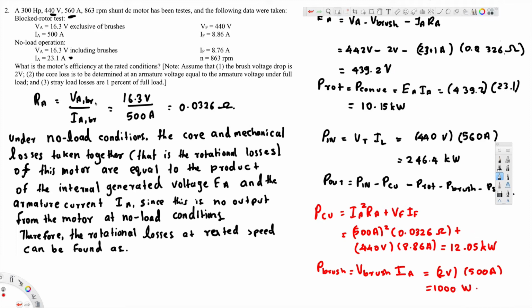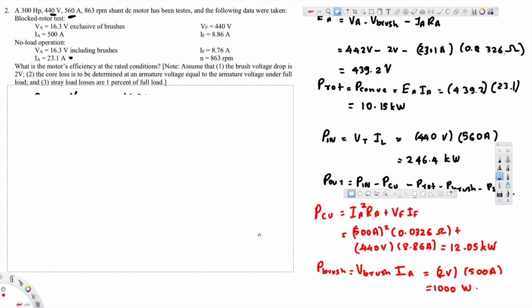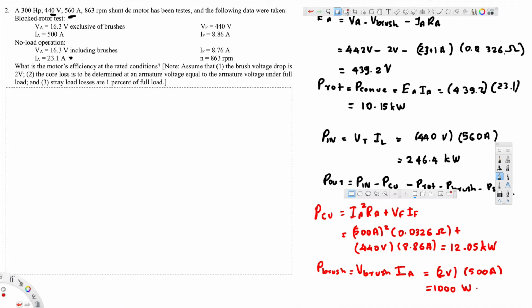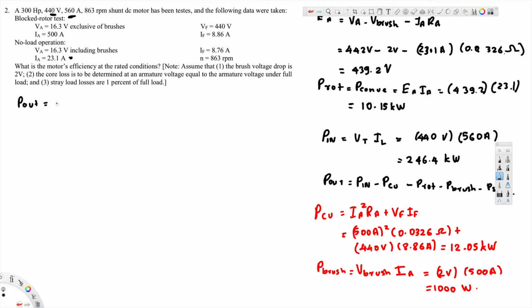Now let's get rid of these things. Now P out is equal to P in minus PCU minus P rot minus P brush minus P stray.